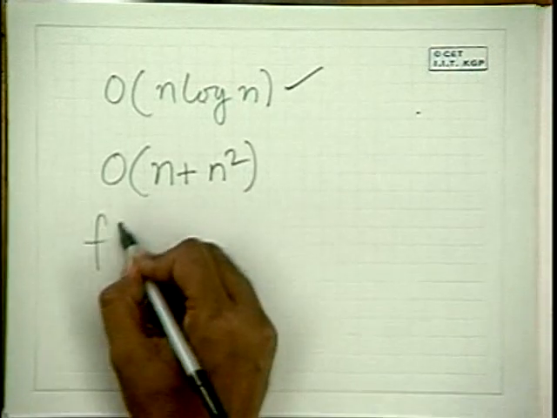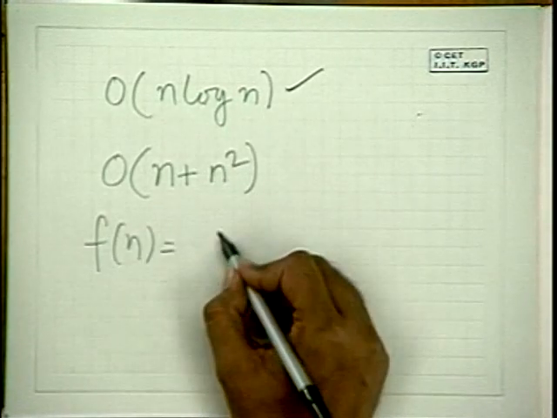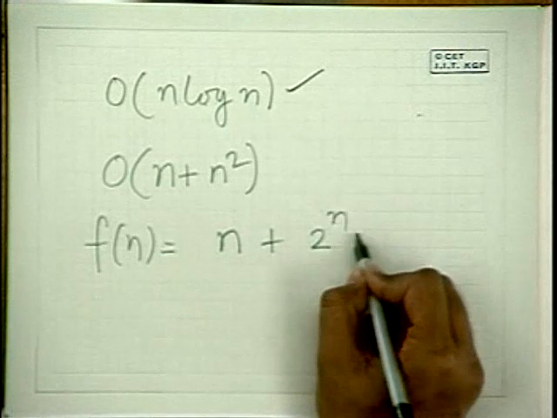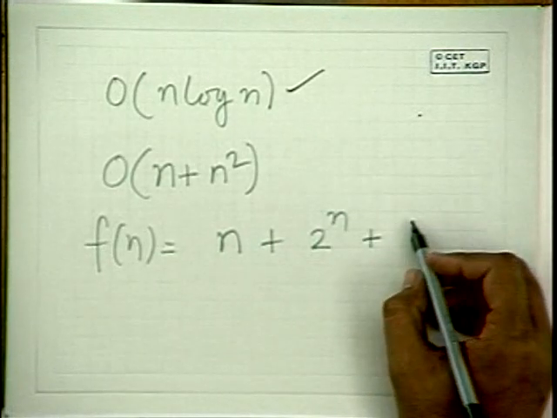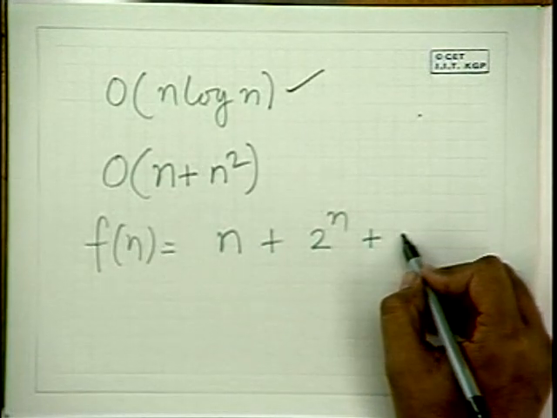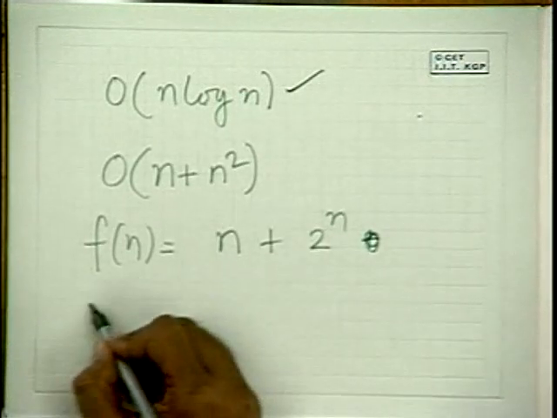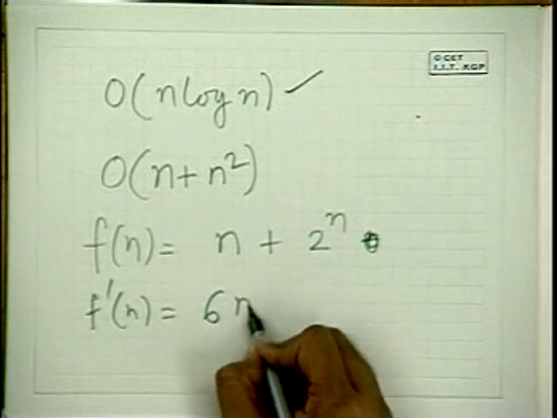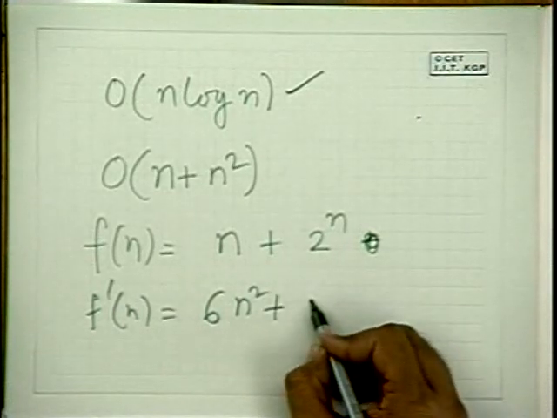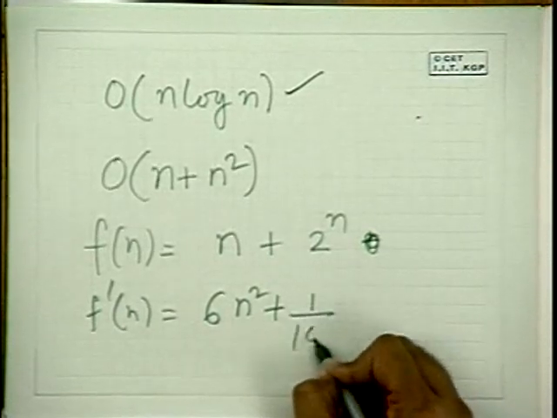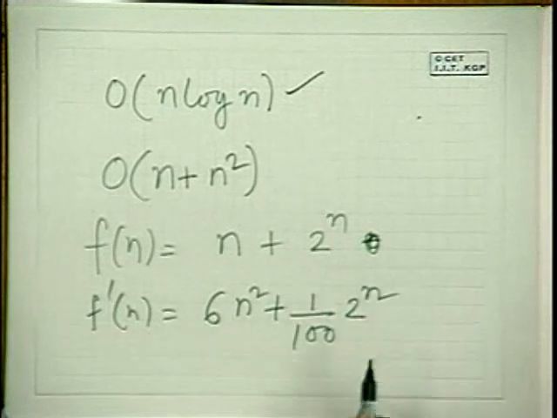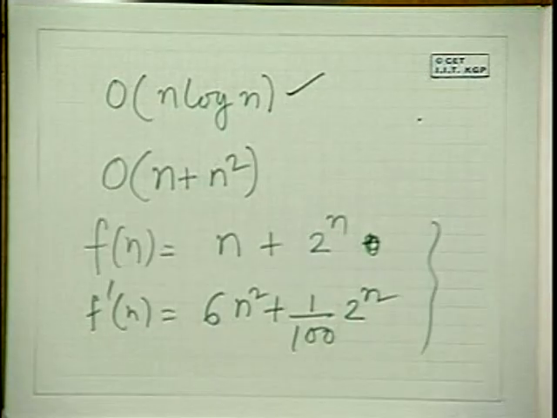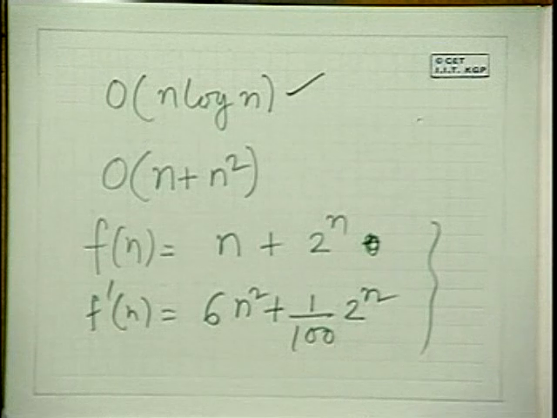Suppose I have a function f(n) equal to 2 to the power n, and another one, f prime n, equal to 6n square plus 1 by 100 times 2 to the power n. Which one is better? Same. Both are order 2 to the power n.